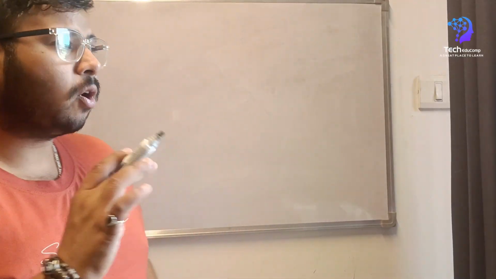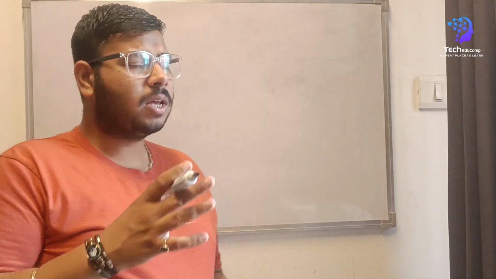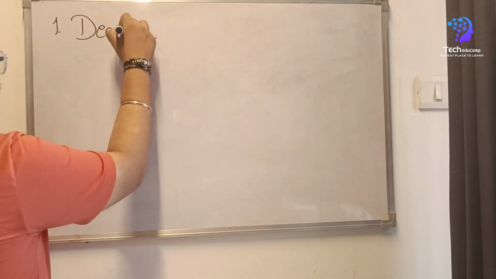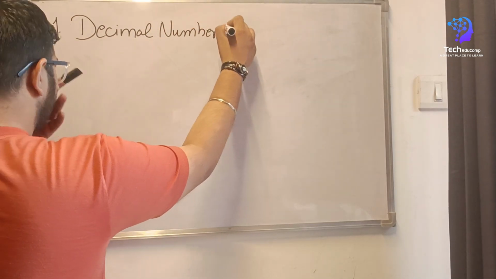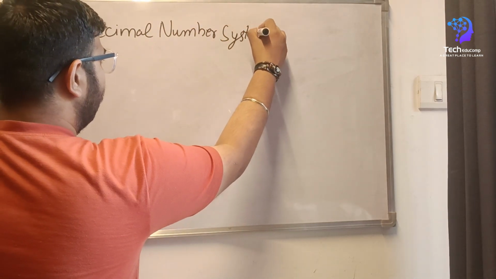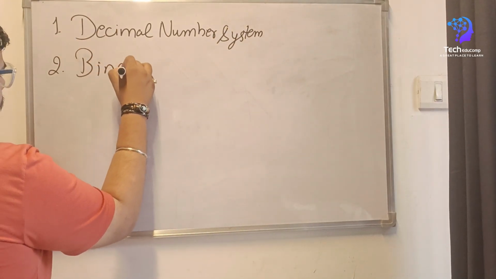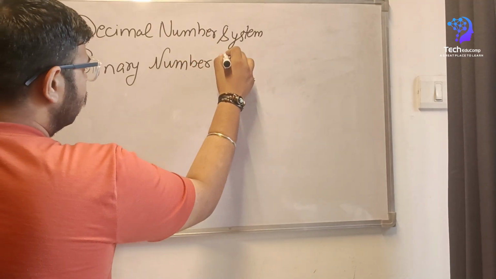We have four types of number systems. First, we have the decimal number system. Second, we have the binary number system.